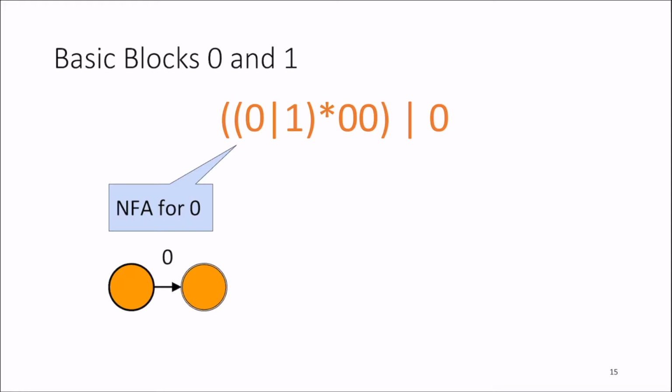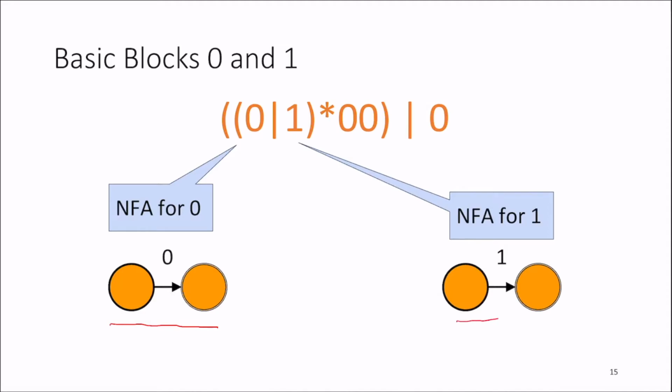If I look at just the NFA for 0, that's really simple. It's this NFA over here, and the NFA for 1 is over here. So we're going to use the NFA for 0 and 1 for all of these cases, right? We're going to use it here, here. The one for 0 is going to be used in all of these instances as well.